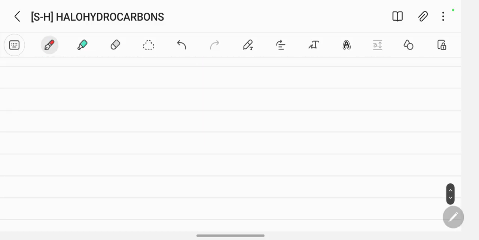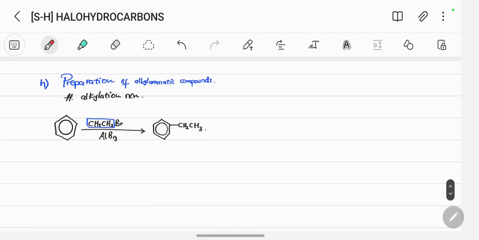For me, I'm continuing with elimination reactions. So we can also have bimolecular elimination and unimolecular elimination reactions.